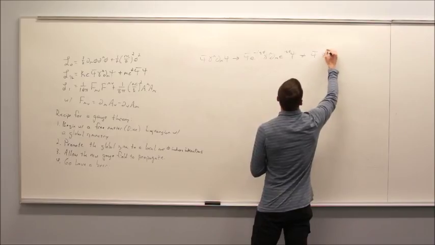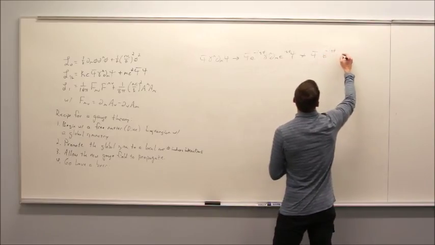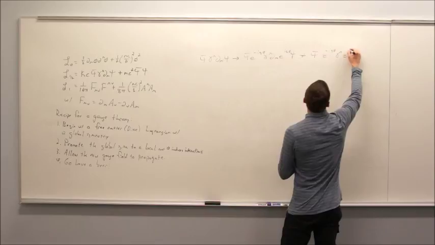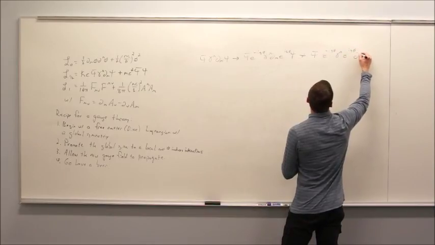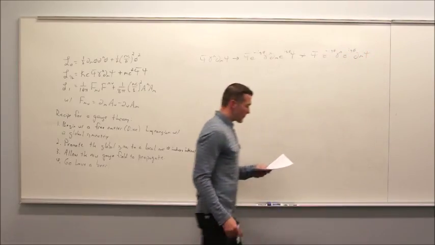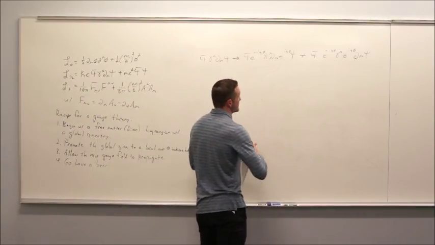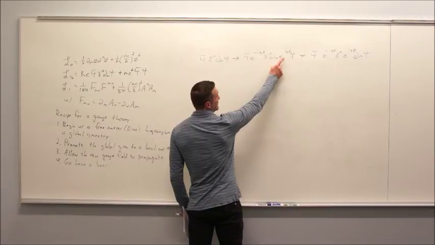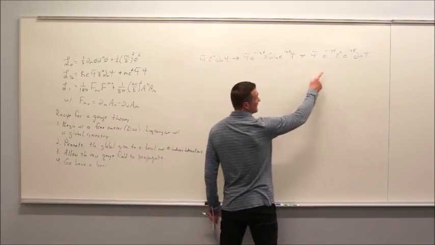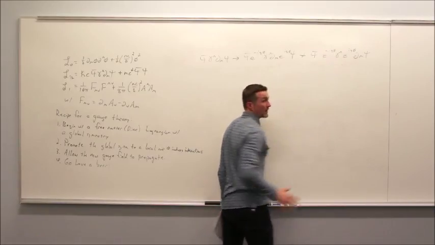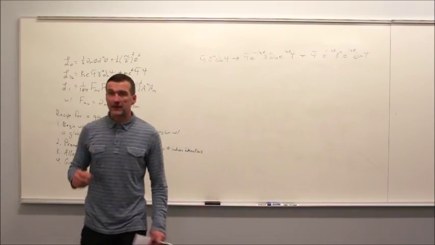Let me write it this way. So the failure is exactly this observation that you cannot just move this transformation past the derivative. If you could, then it would have been invariant. Okay, but we couldn't, and that's where it failed.